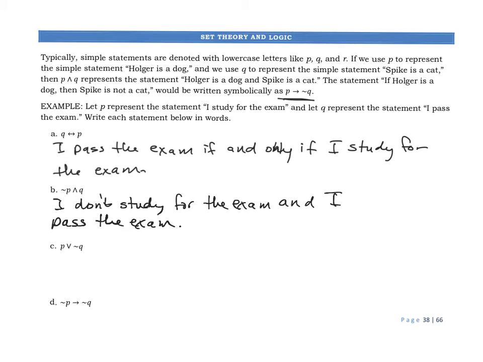All right. So on C, we have I study for the exam, and there's a disjunction, so we'll say or, I don't pass the exam.